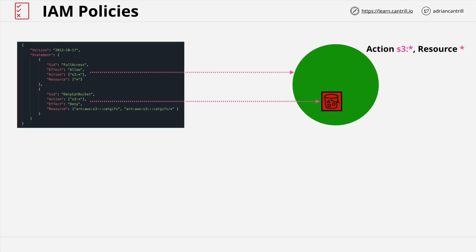We start with the first priority. The first priority are explicit denies. What that means is that if you have a statement which explicitly denies access to something, then that's it. It wins. It overrules everything else. The policy denies access to a particular resource and action combination, and nothing can overrule that. In this example, accessing the cat gifts bucket or any object in that bucket is explicitly denied. That's it. Nothing can overrule that.